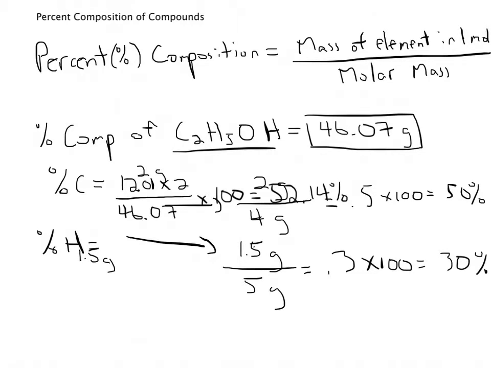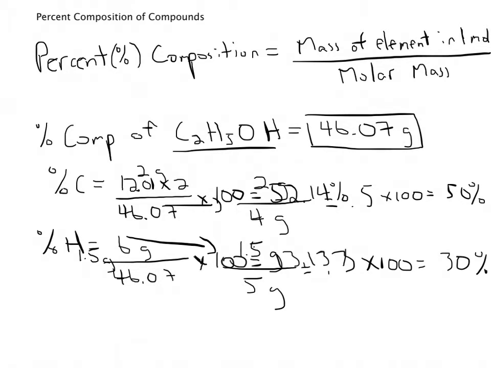So now let's find percent hydrogen. So now again, what's the total mass of the hydrogen? Well, if we look up here, we see that there are 6 hydrogens. So 6 hydrogens would give us a total mass of 6 grams in 1 mole, divided by 46.07 times 100, and that gives us a percent of hydrogen of 13.13%.